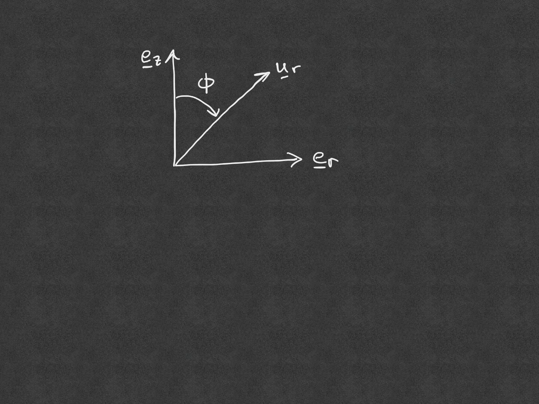Well, because this has to be a right-handed orthonormal basis, this direction is u sub phi. It's the same direction I had in the previous diagram, except now I've got it in 2 dimensions. It's a lot easier to see what's going on. And this angle is also phi. Now, the direction into the page, so draw it with an X, that direction is u sub theta, which also happens to be e sub theta.